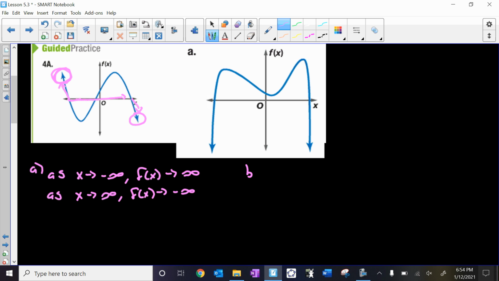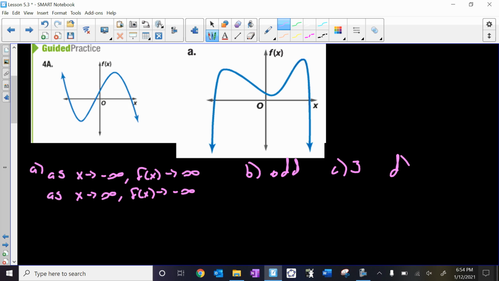Part B wants to know whether it represents an even or odd degree function. I already talked about this on the previous slide, but if my ends are finishing in different directions, notice I'm going up over here and down on this side, then that represents an odd degree. Part C wants to know how many real solutions, so how many times is it crossing the x-axis. You should come up with 3 real solutions.